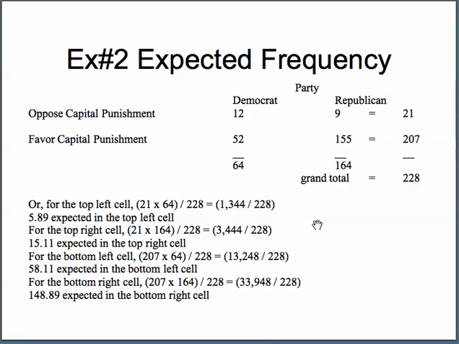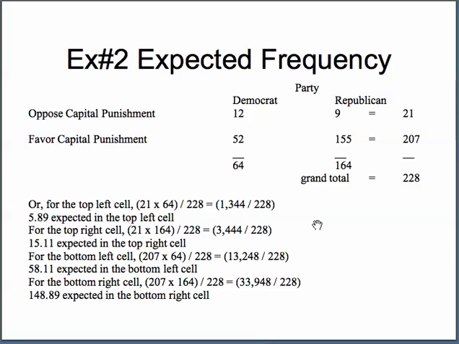For cell 2, 21 times 164 divided by 228 is 3,444 divided by 228, or 15.11 is expected in the top right cell. For cell 3, 207 times 64 divided by 228 equals 13,248 divided by 228, or 58.11 expected in the bottom left cell.